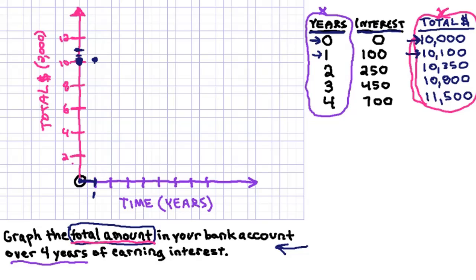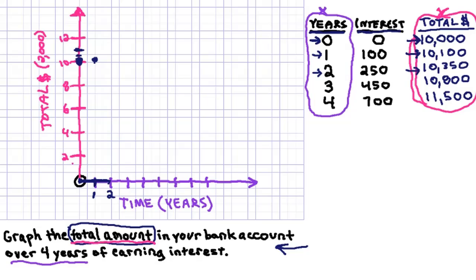So now the next set of values is on year 2. You're going to have $10,350 in there. So we're going to go down to the purple, the x-axis, and we're going to count over 1, 2 increments for 2 years. And we're going to go all the way up.